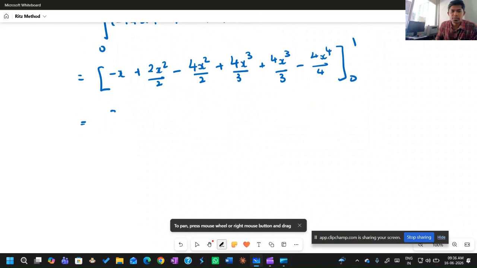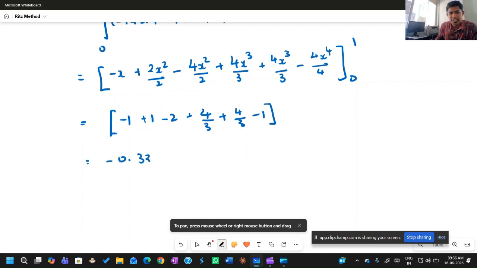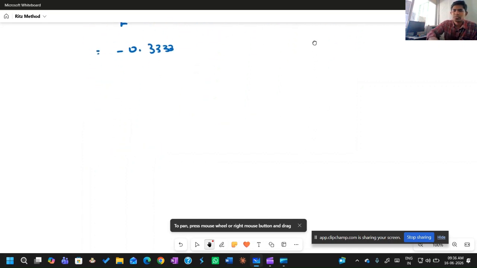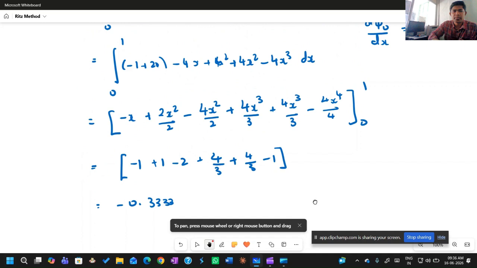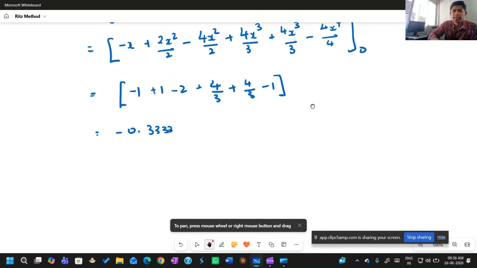That is equal to minus 1 plus 1 minus 2 plus 4 by 3 plus 4 by 3 minus 1. That is equal to minus 0.3333. So that is for the bilinear function pi1 comma pi naught.